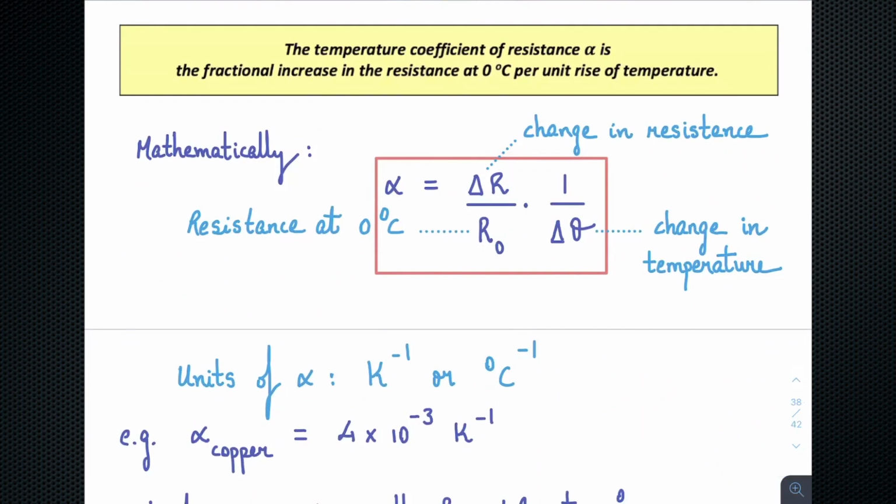So what does it mean? Say, for instance, that the temperature coefficient of copper is 4 times 10 to the minus 3 per Kelvin.